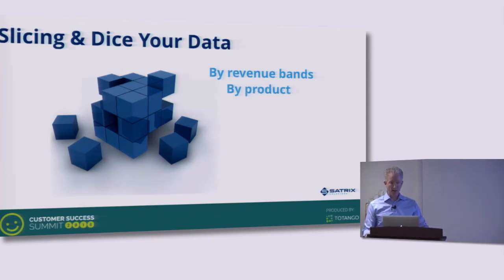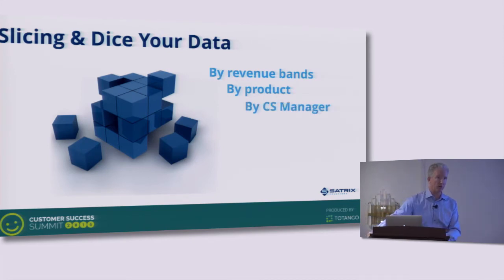You can also look at it by product. So if you have multiple products that you offer, how do your customers for this product feel versus your customers for that product? And that is an interesting comparison that you can certainly make. You can also look at it by customer success manager. And we're not looking at this, obviously, to find those who are underperforming and move them out of the organization.